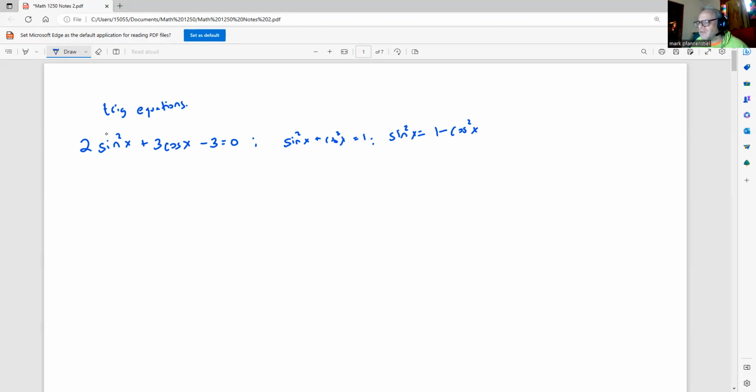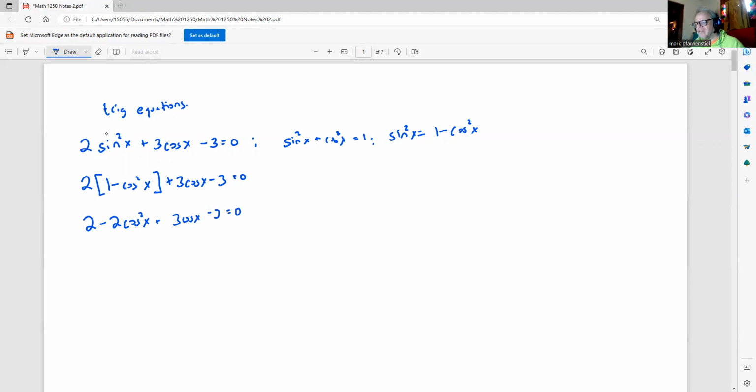So we're going to have our 2. Now, sine squared was 1 minus cosine squared x, and I'm not going to change anything else. So plus 3 cosine x minus 3 is equal to 0. Distribute the 2. So we have 2 minus 2 cosine squared x plus 3 cosine x minus 3 equals 0.